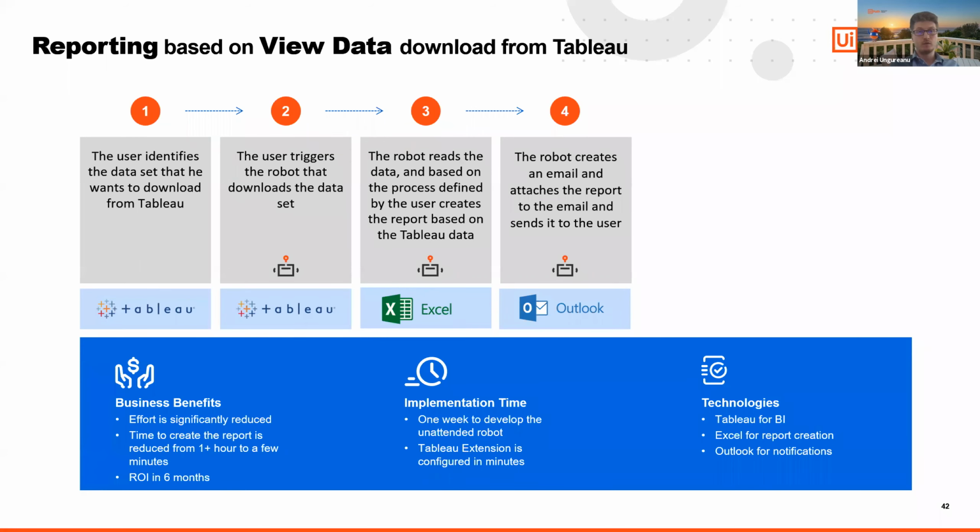Then the robot would open the CSV and, based on the process and the reporting that you have in mind, would do all those steps in Excel, and then it would save the report. After this, the report can be attached to an email and sent to yourself or whoever needs to have that report.